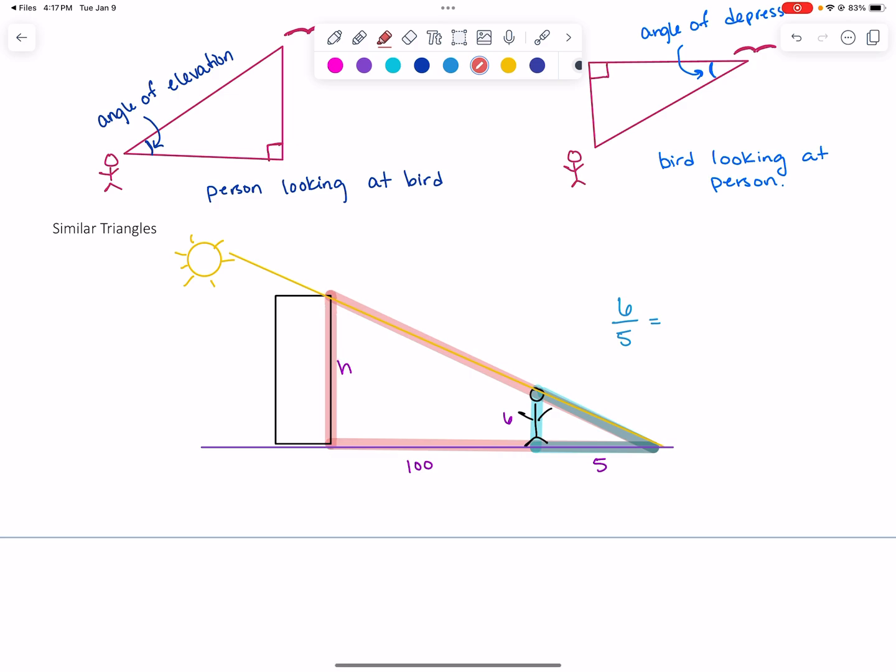As a reminder, you have to take the entire side. So that is equal to 105 over your height, and then from there you can solve for height. So just some triangle basics there, things that you're going to be using over the rest of the semester.